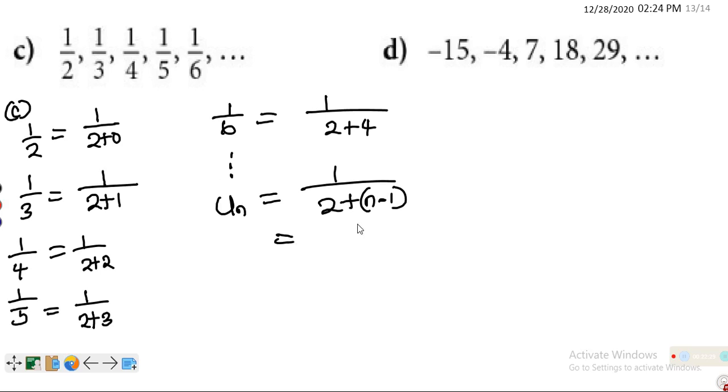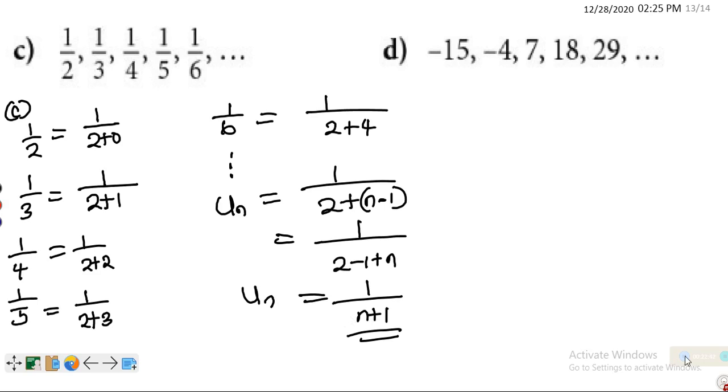So this is 1/(n plus 1). So therefore the nth term of this sequence is un equals 1/(n plus 1).